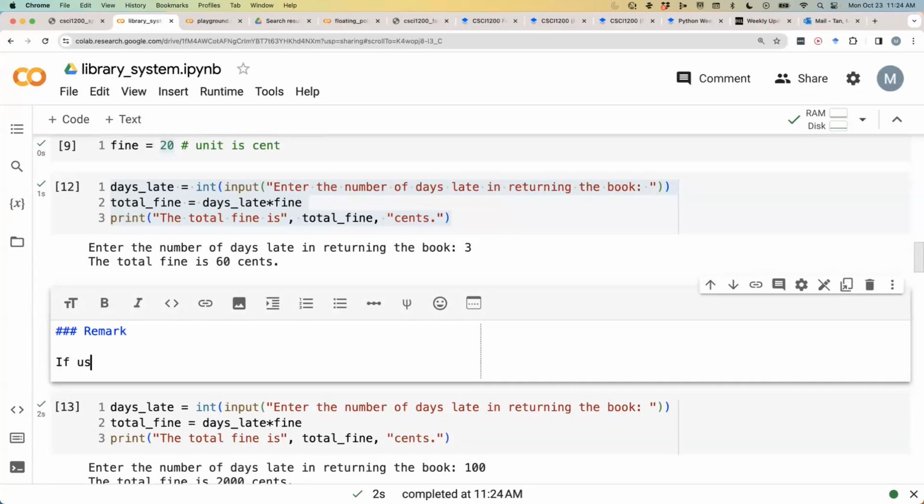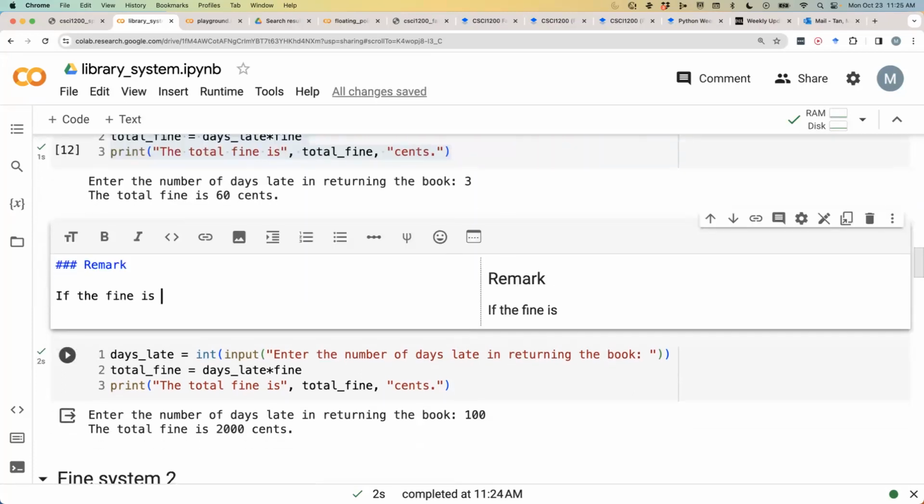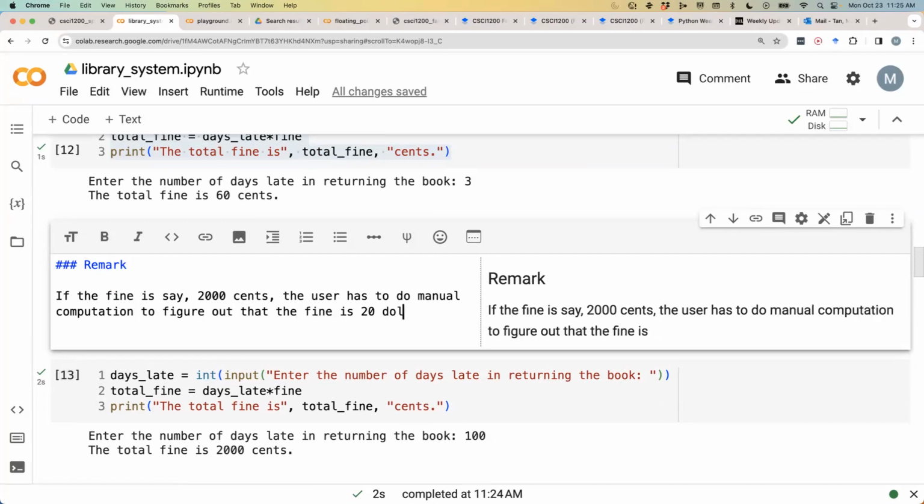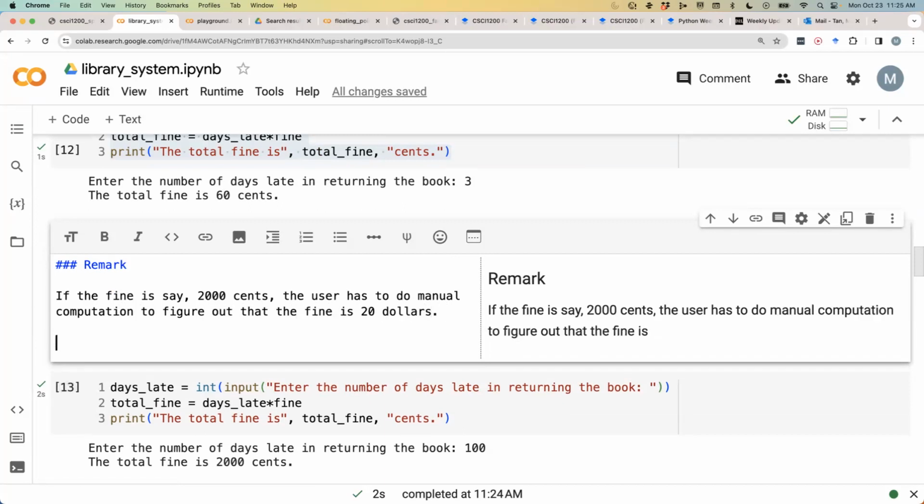Okay, so as a remark, if the fine is say 2,000 cents, all right, the user has to do manual computation to figure out that the fine is $20. Okay, so that's the downside of it. And what we can do is, before we display it, we convert it into its equivalent dollars.